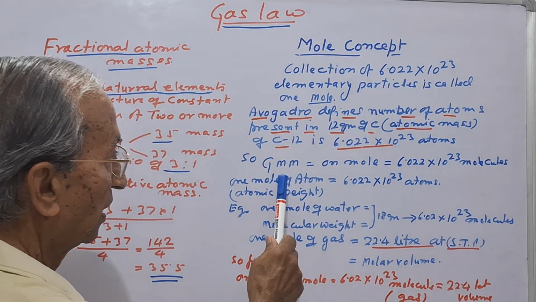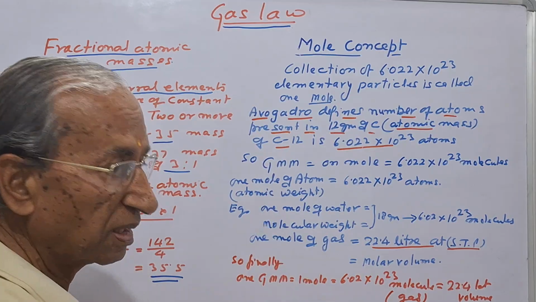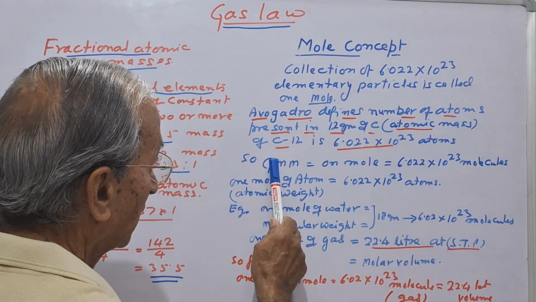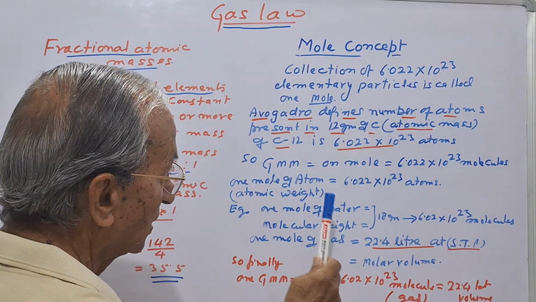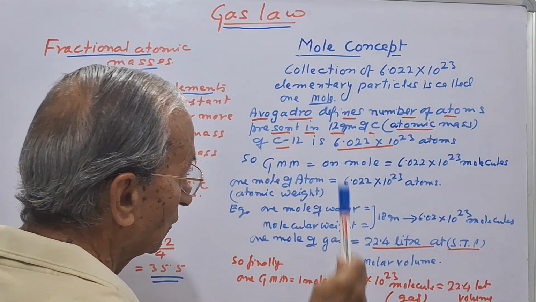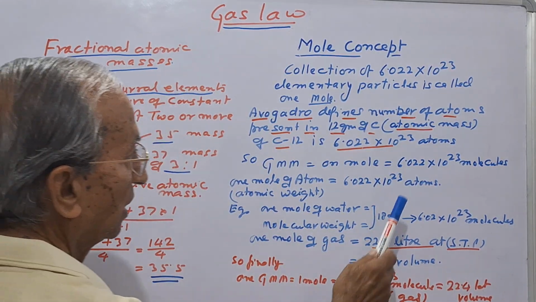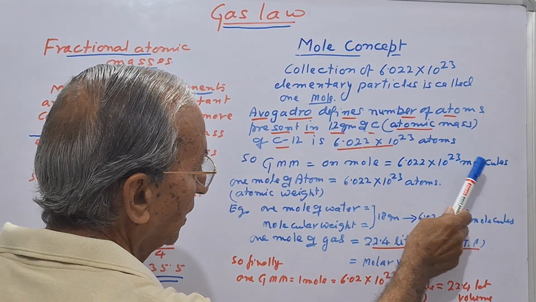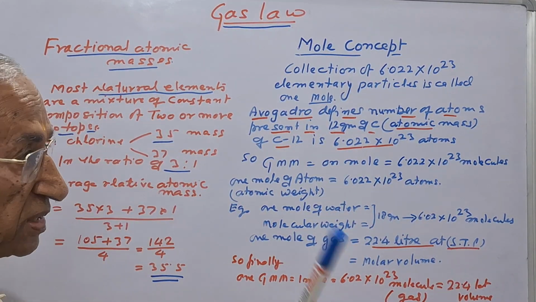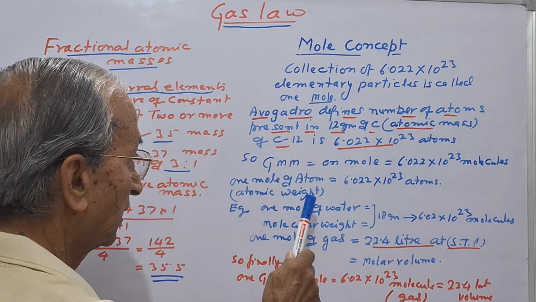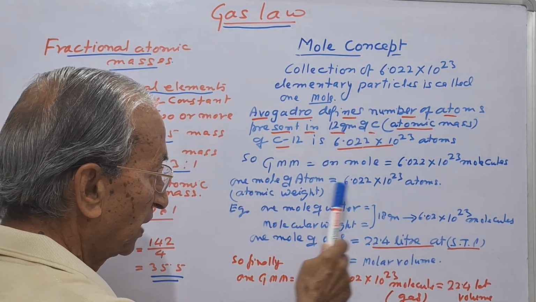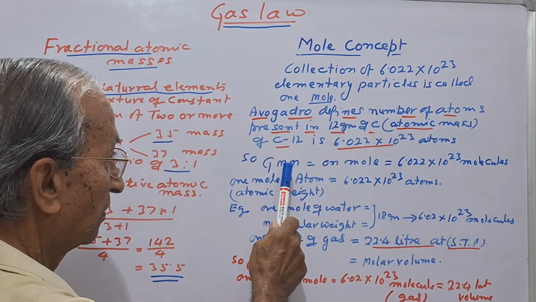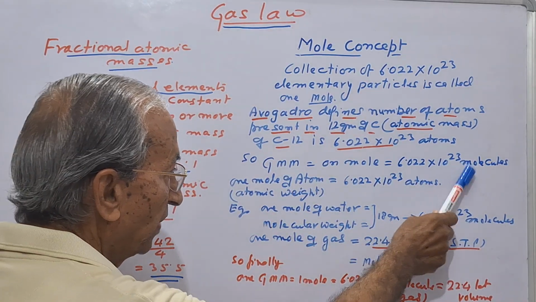And if we say gram molecular mass, here, listen here, we are using molecules. Gram molecular mass, then it will be a molecule, it will contain 6.022 10 to the power 23 molecules. It means if we consider the atomic weight, it will have the atoms, and if we consider the molecular weight, it will have the molecules.